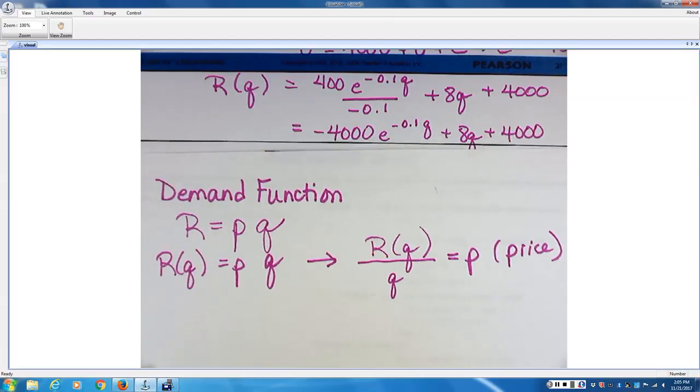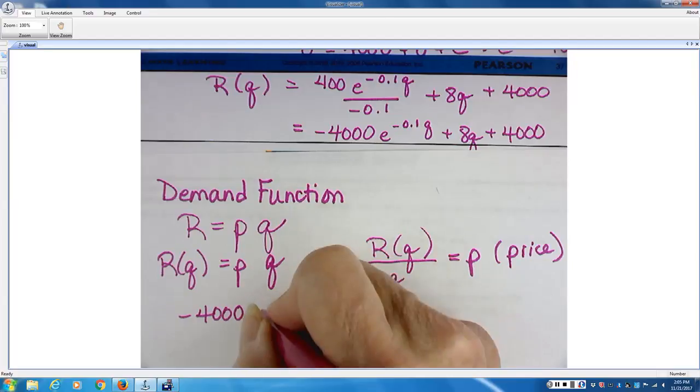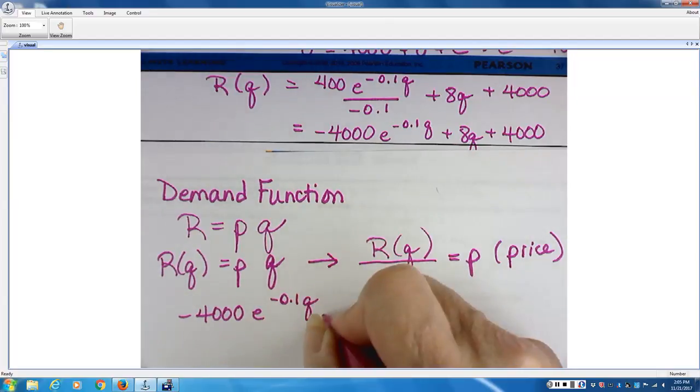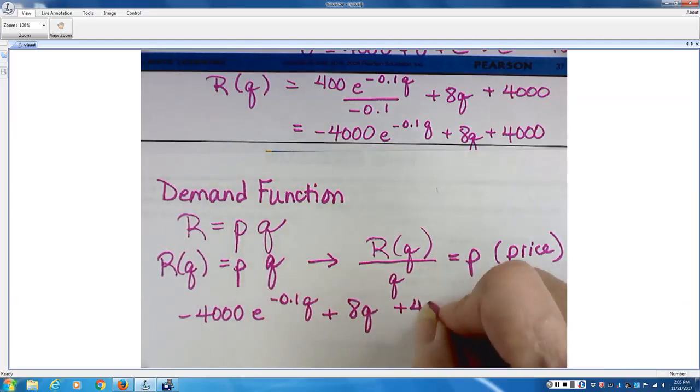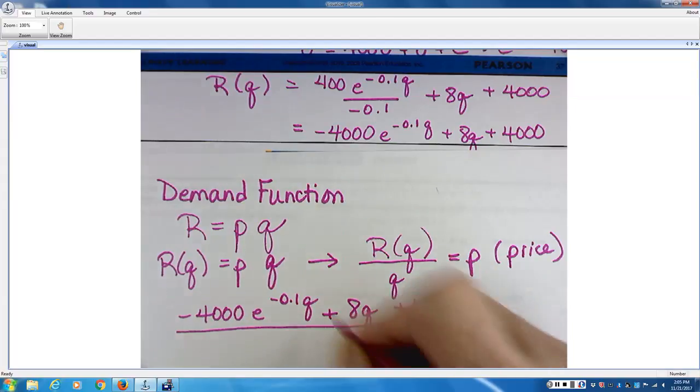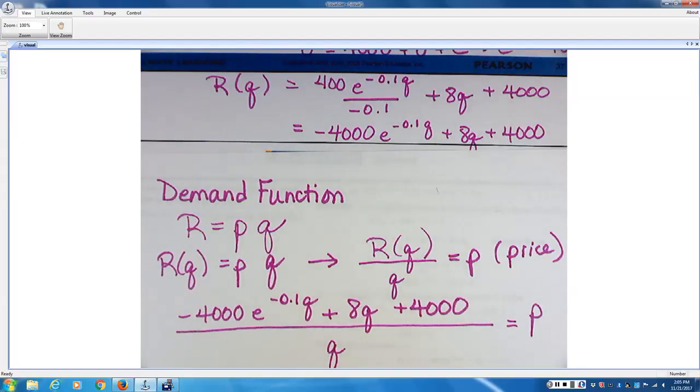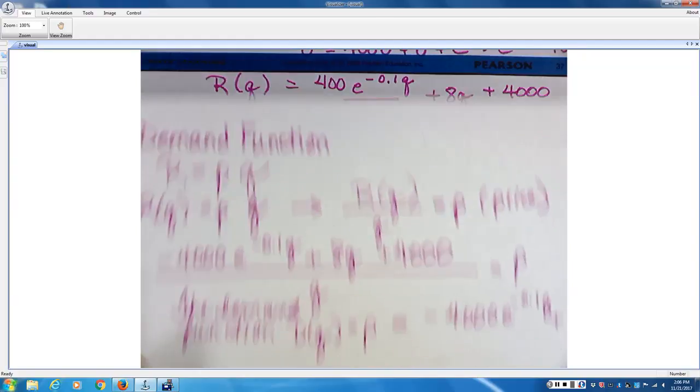So let's take our revenue function and divide it all by Q, and that gives us P. And since price is demand, basically, out of room here again.